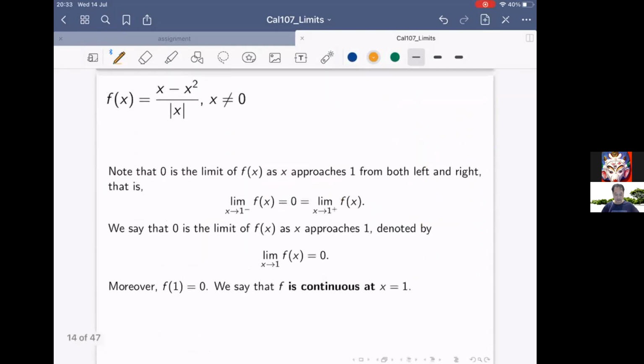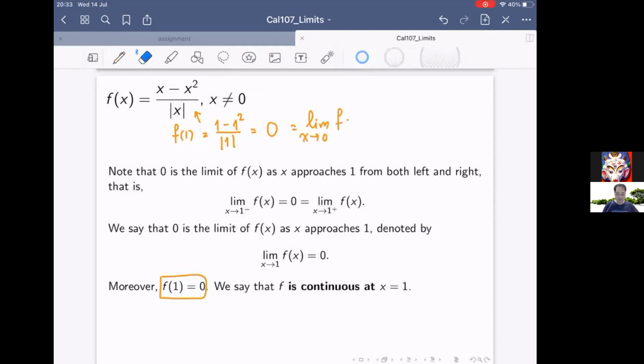We can see also that f at 1, if your x is 1, right here you have 1 minus 1 squared over the absolute value of 1, which is 0. So f at 1 is 0, and it is the same as that limit value.